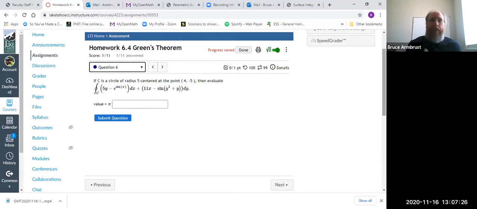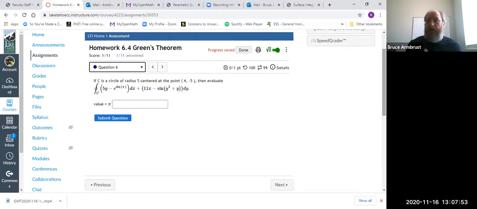It's not that much worse. It's just a matter of adding and subtracting those coordinates from the center to shift. So we could do that. And then once we've got those, we can plug them into the function and take their derivatives to get the dx's and dy's, get it all in terms of t, and then do an integral from 0 to 2 pi. So that's an option.